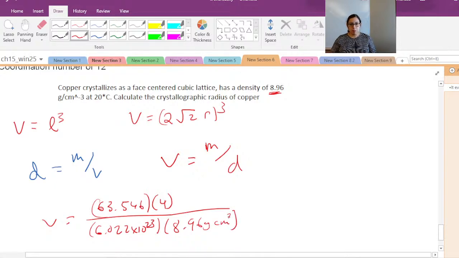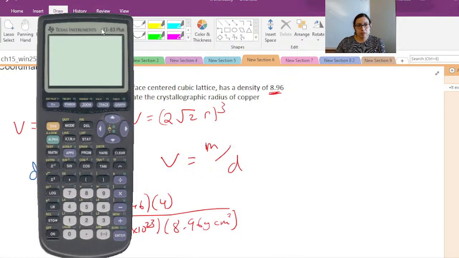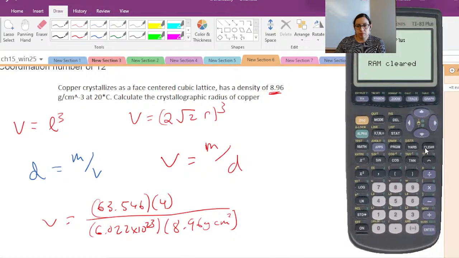Just keep your units straight. So right now we're in centimeters. So let me punch this in and get our volume.